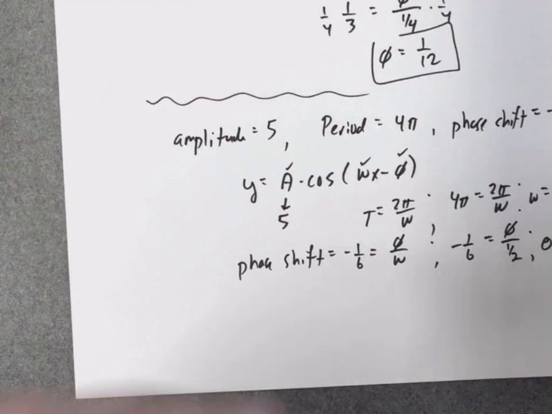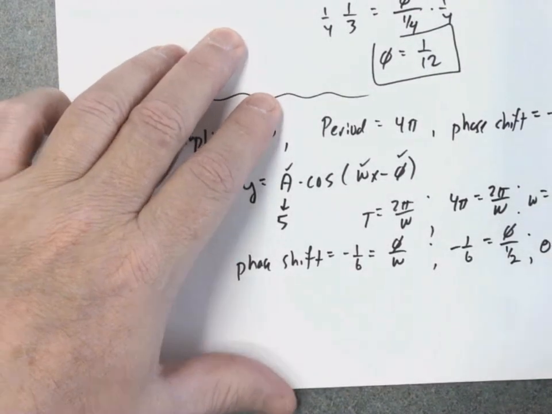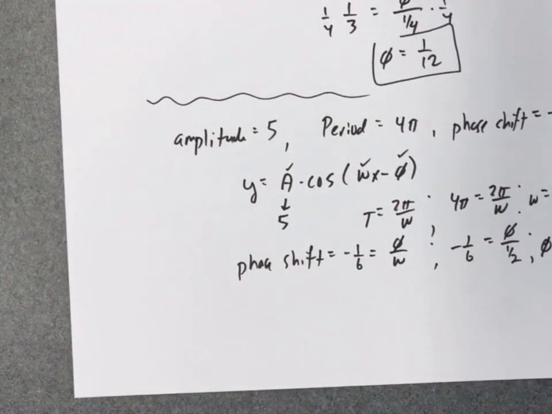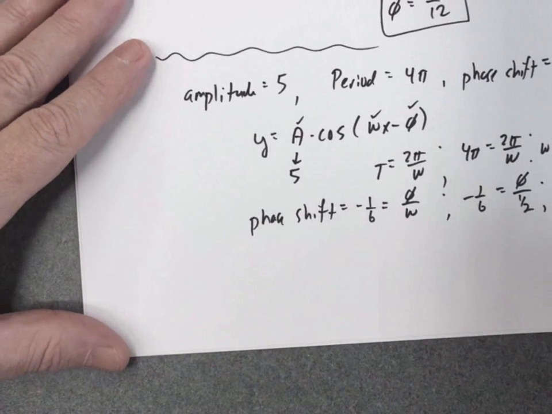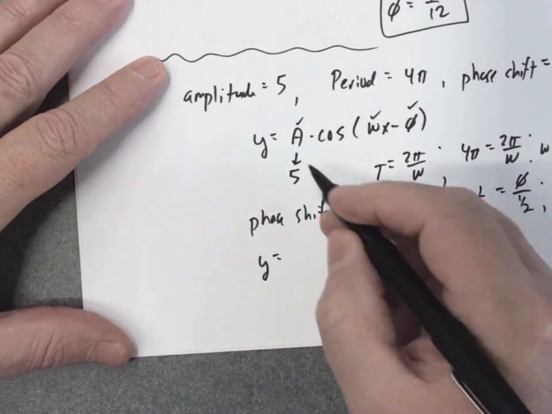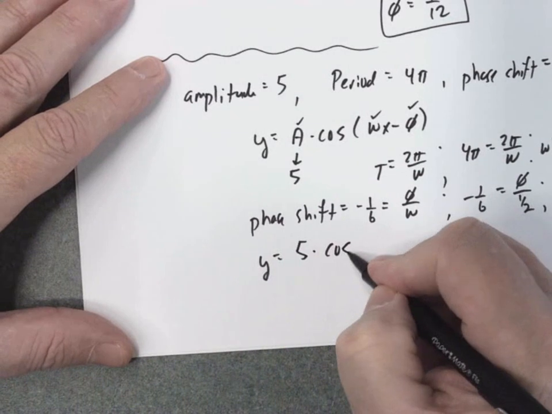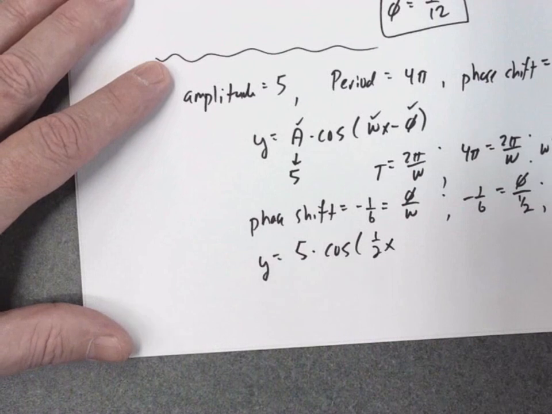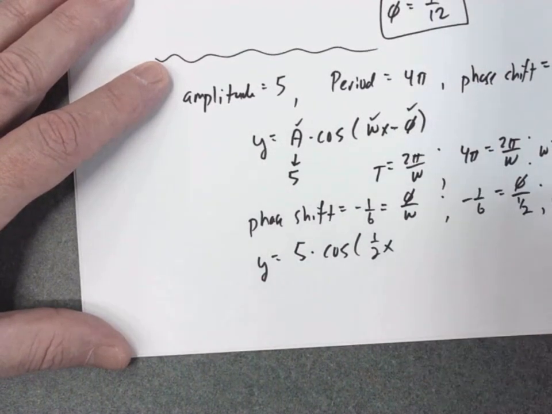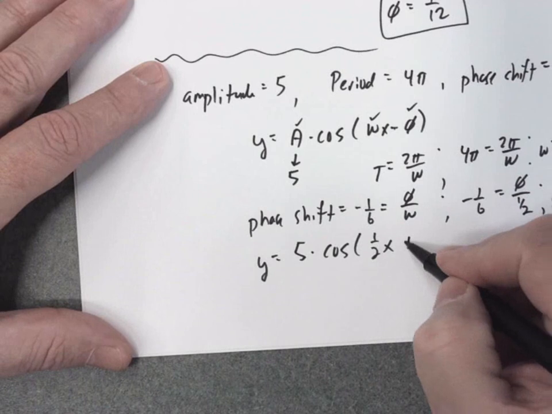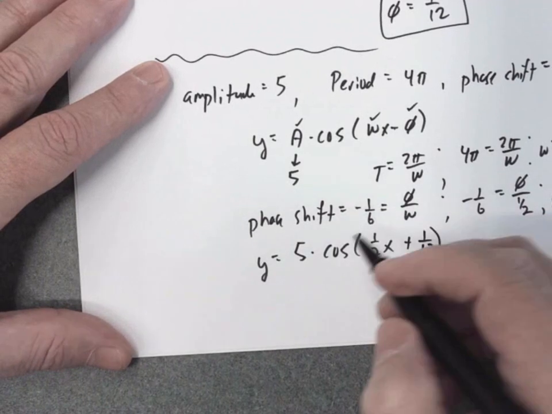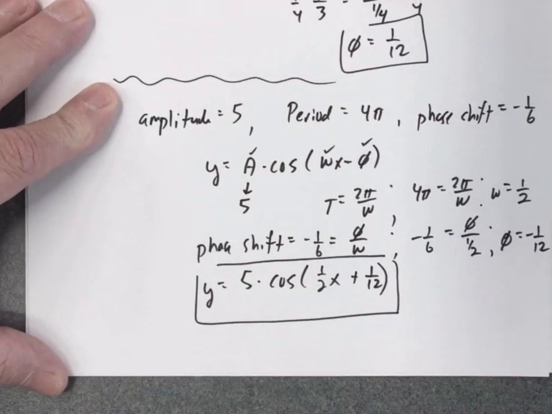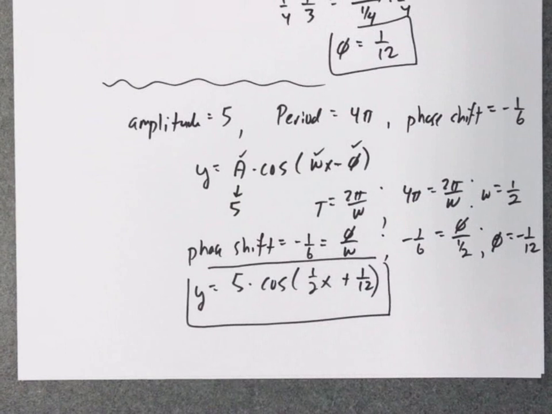So by the time you do this, you get phi is -1/12. So now we have everything we need. A is 5 cosine. Omega is 1/2. Now I'm going to be subtracting a -1/12, which should just be plus 1/12. All right, hopefully not too bad.